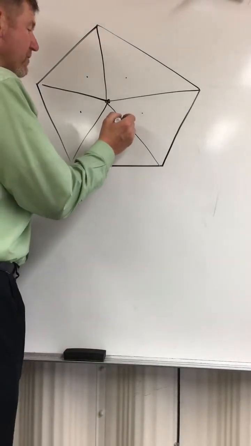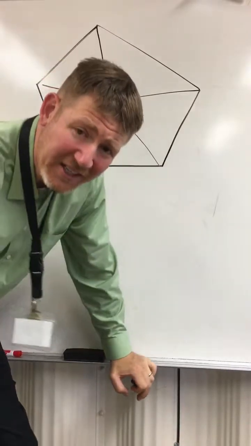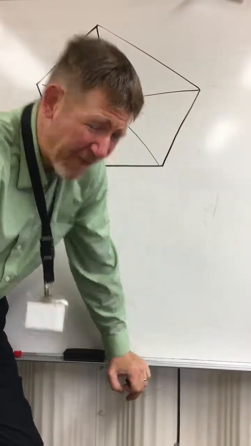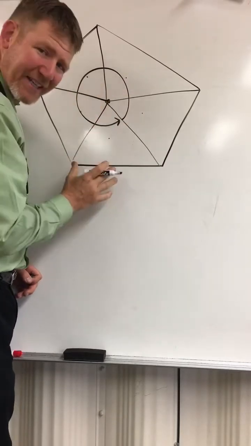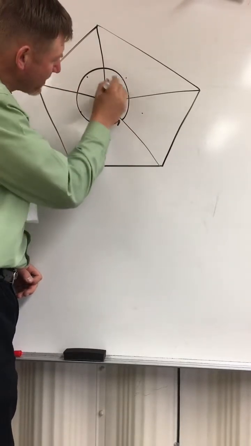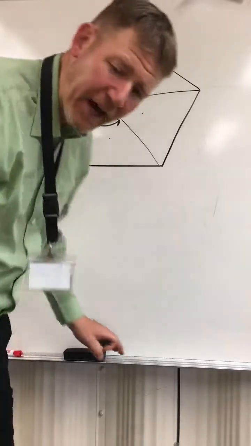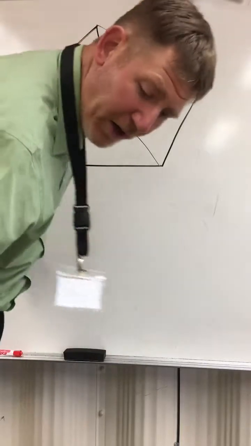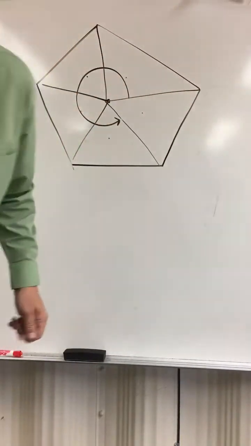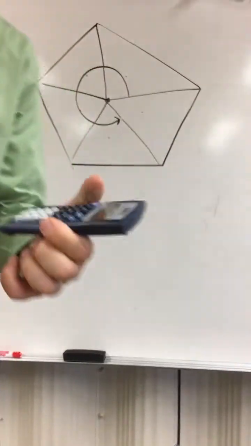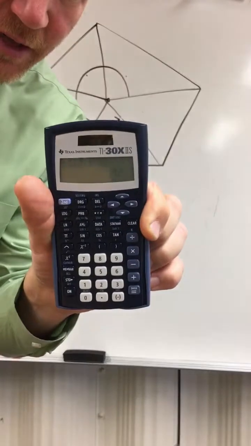So if there's 360 all the way around this thing, we take 360 and divide it by 5, because there are 5 equal angles all the way around this pentagon on the inside. All these central angles. So for one angle, grab your calculators, you take 360 divided by 5, and you get 72 degrees.